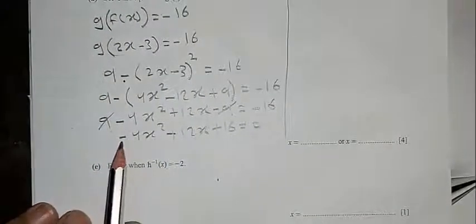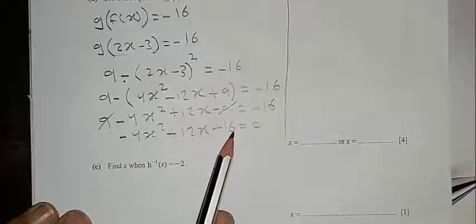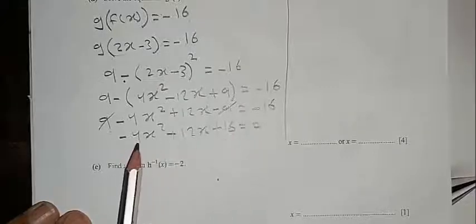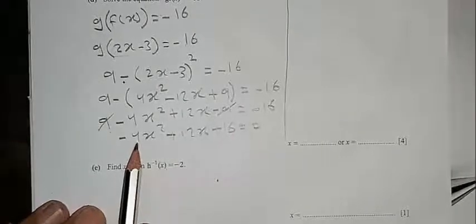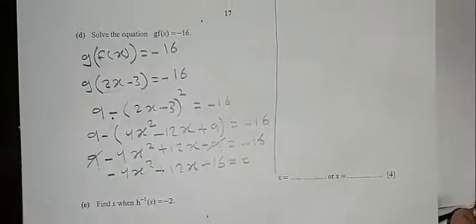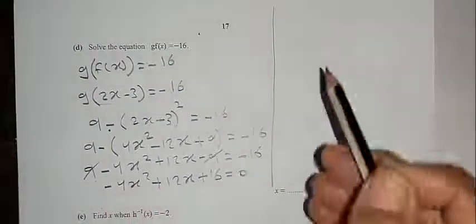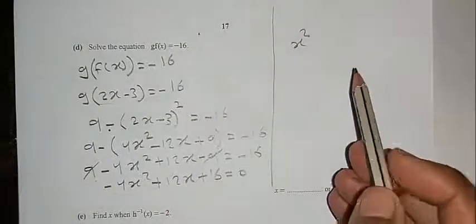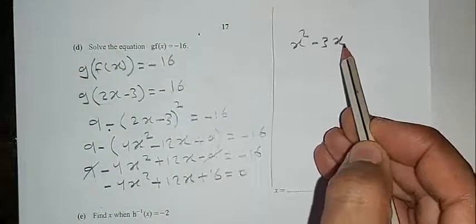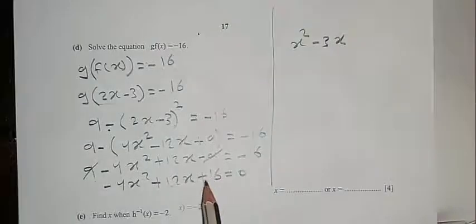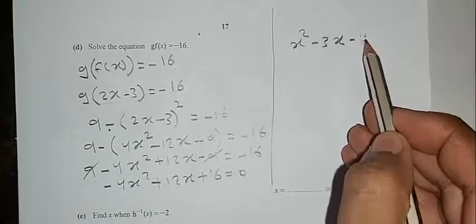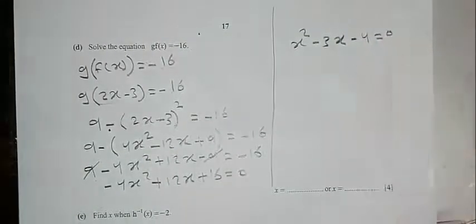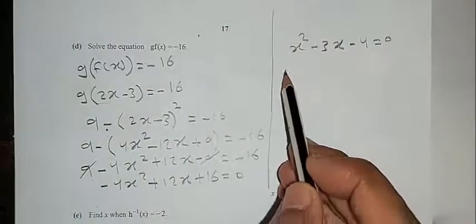Here you have negative 4, 12 and 16, so we can divide the whole equation by negative 4. Negative 4 by negative 4 is x squared, 12 divided by negative 4 is negative 3x, and 16 divided by negative 4 is minus 4. This equals 0. We will factorize this expression now.